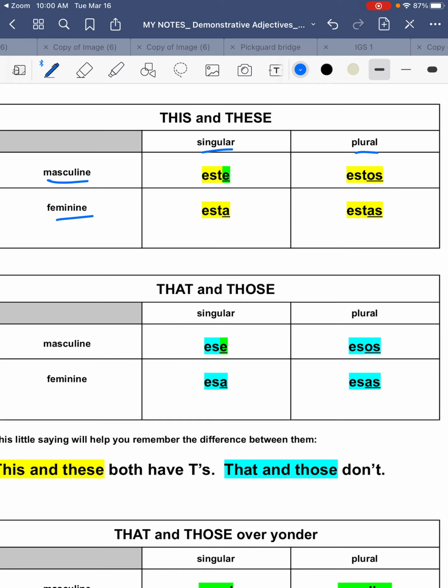We see that the masculine singular form is slightly irregular, kind of like el, un. Those articles, the masculine singular form is irregular, while the other ones, like la, los, and las, or una, unos, and unas, are all completely regular and predictable. Este, esta, estos, estas.